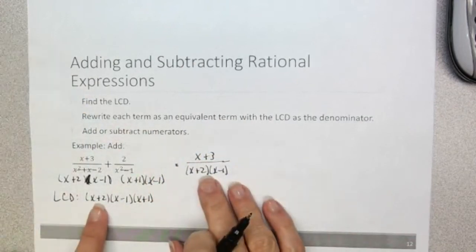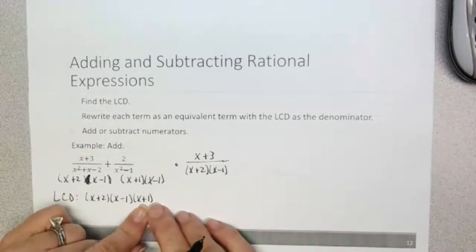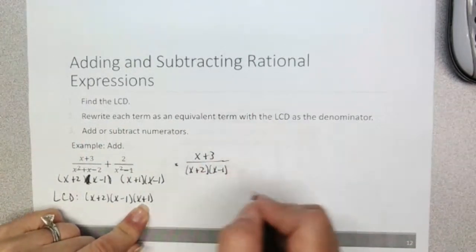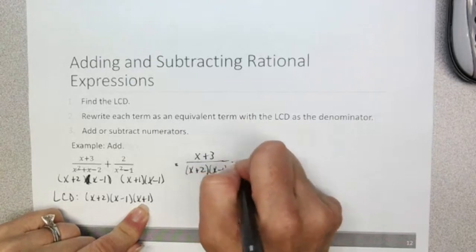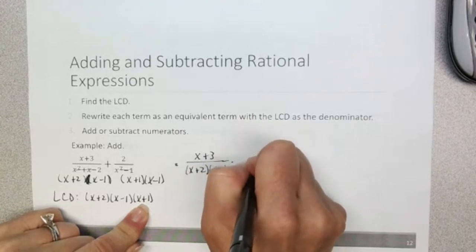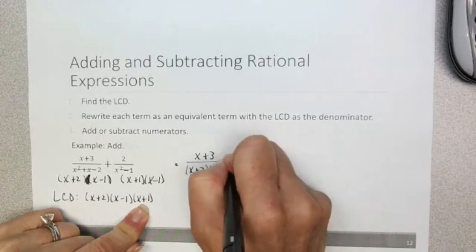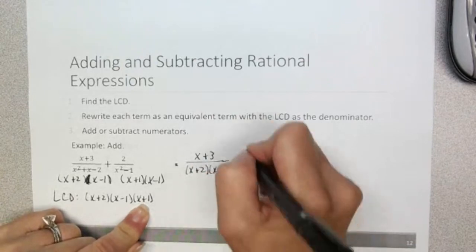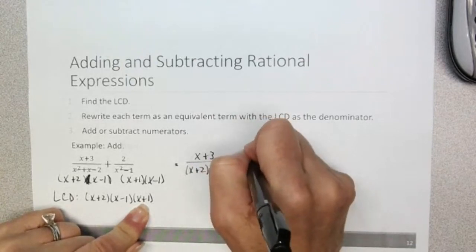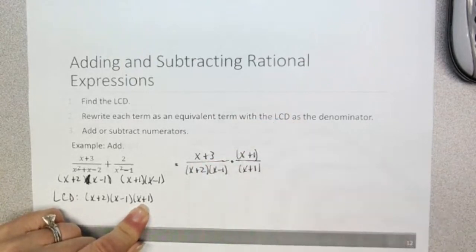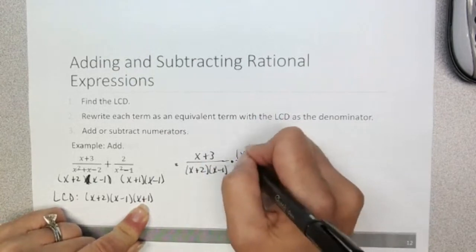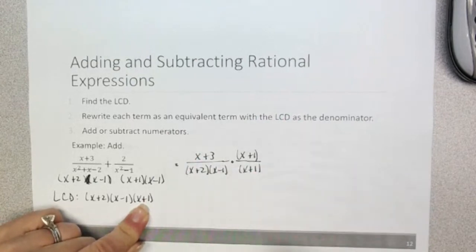Compare that to the least common denominator. It's missing the x plus 1. I need to multiply by x plus 1, but I don't want to change the value of that expression, so I need to multiply the numerator by x plus 1 as well. Kind of just a fancy 1. That does not change the value here.